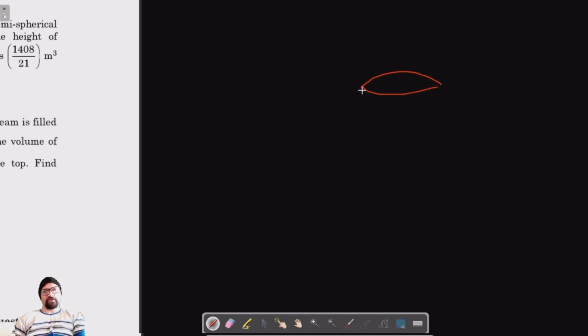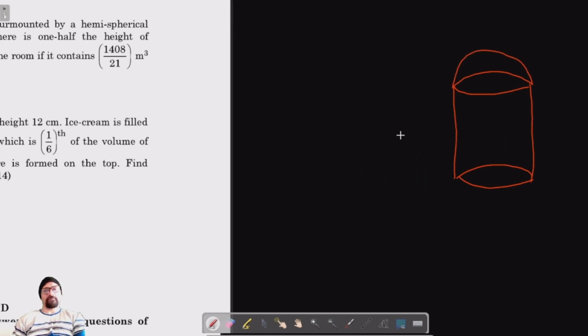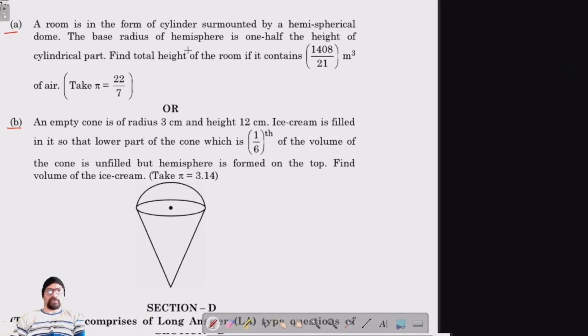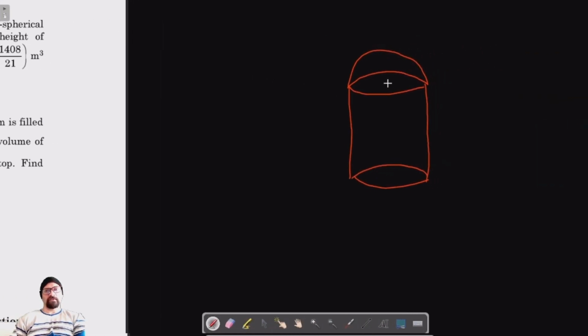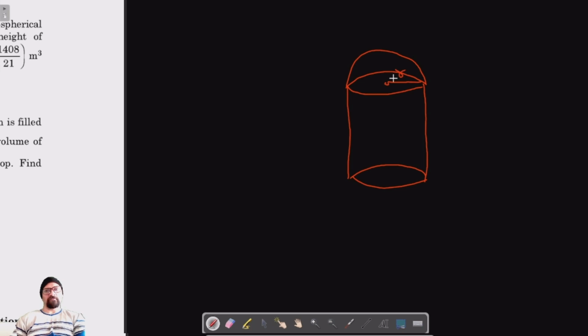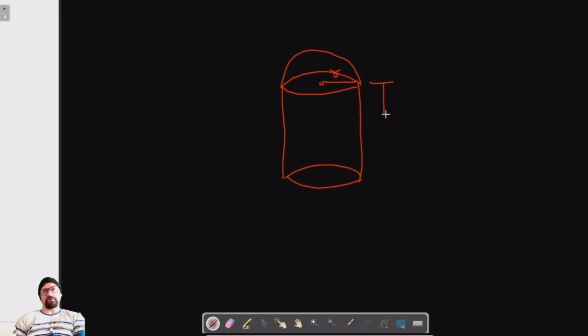So the room is in the form of a cylinder with a hemispherical dome at the top. The base radius of the hemisphere is one half of the height of the cylindrical part. Let's say the height of the cylindrical part is h.